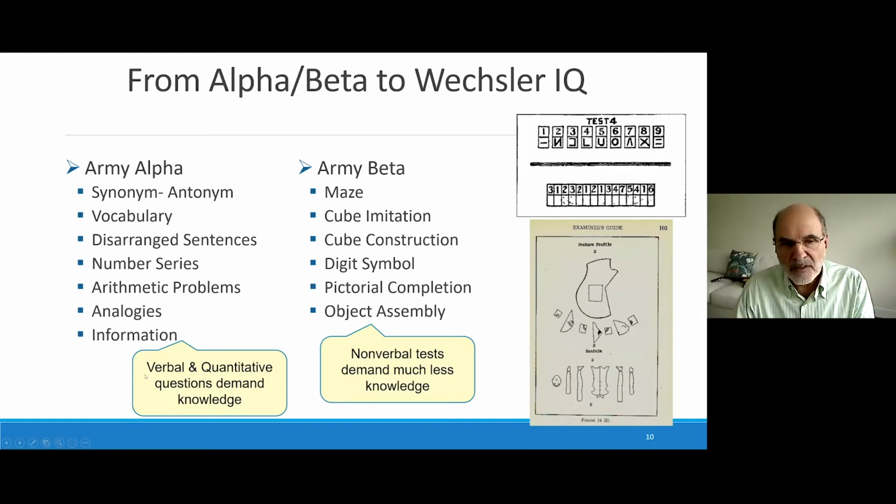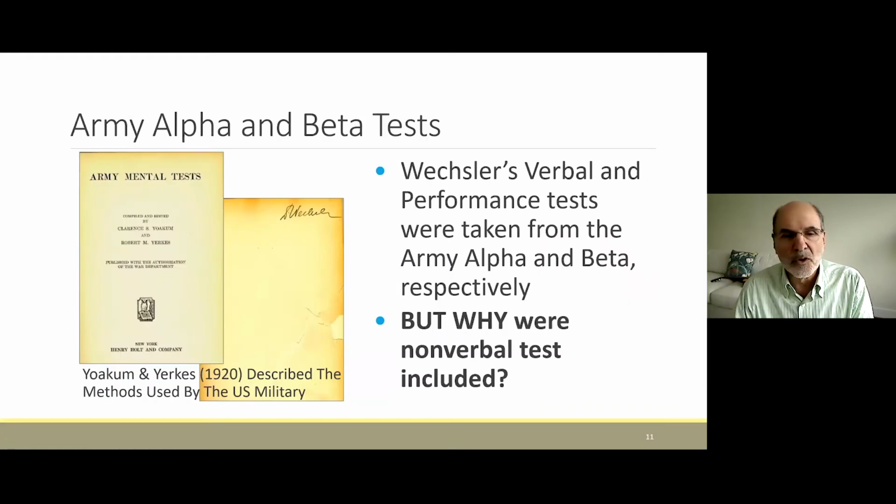It was conceptualized as verbal and quantitative and so-called nonverbal tests. So you can see whose book I have a copy of here. And, you know, Wechsler's verbal and nonverbal tests came from the work of Yoakum and Yerkes. Wechsler didn't just dream this stuff up himself. By today's standards, we would call it copyright infringement.